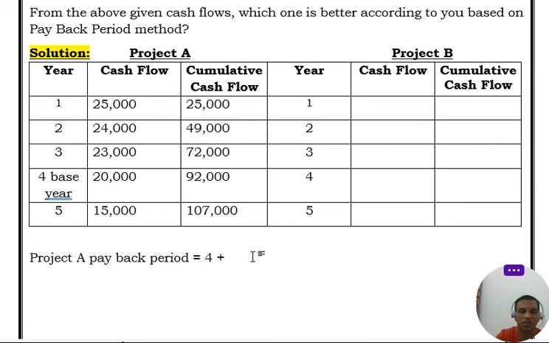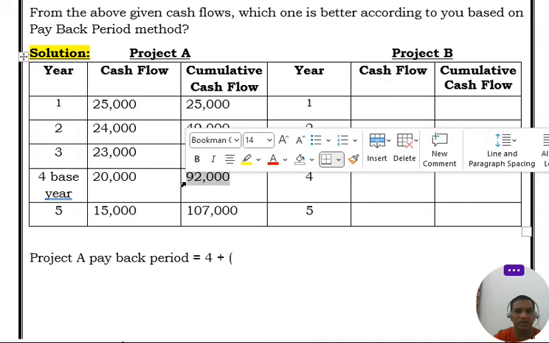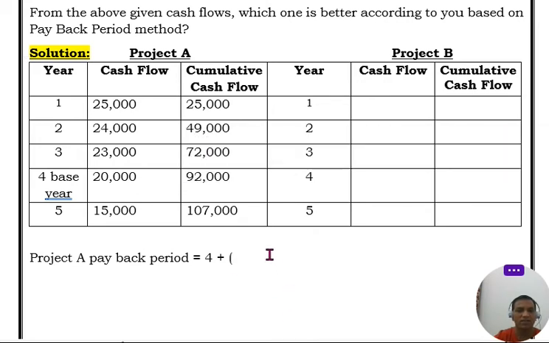How much is to be recovered? Up to 4 years, 92,000 is recovered. Still, how much is the balance? 8,000. How will you know 8,000?